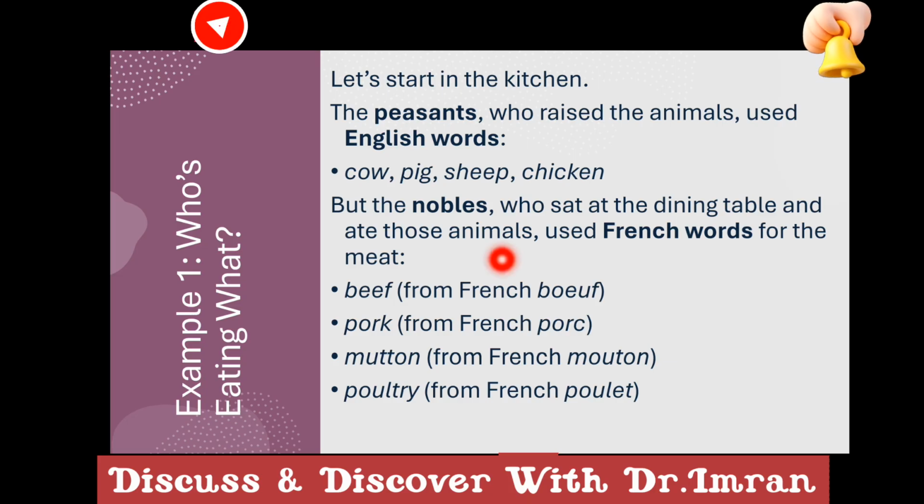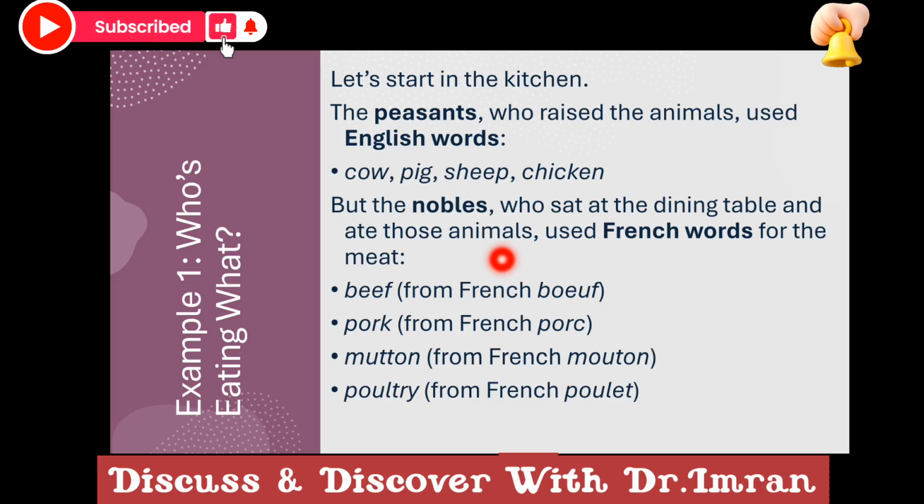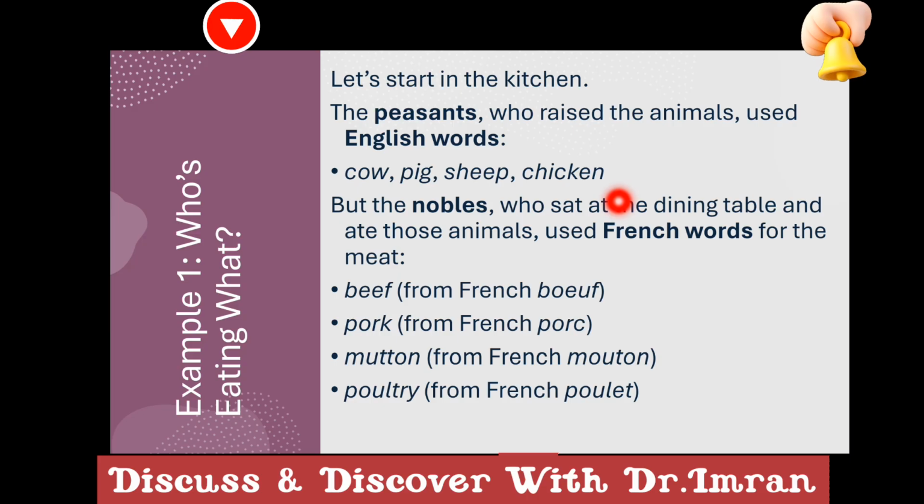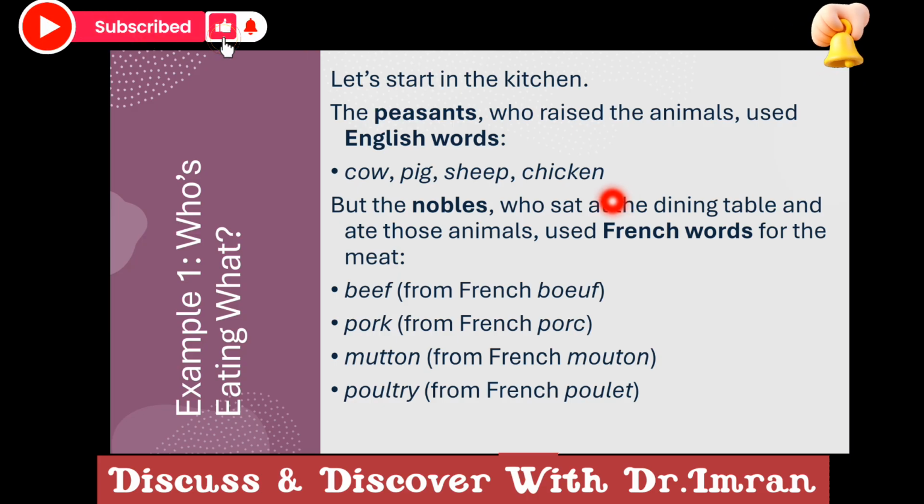So you can see that the lower class, the peasants, who were growing food and raising animals, used the words cow, pig, sheep, and chicken. While the aristocratic class, the nobility who were eating the meat of these animals, used beef, from the French word, okay?